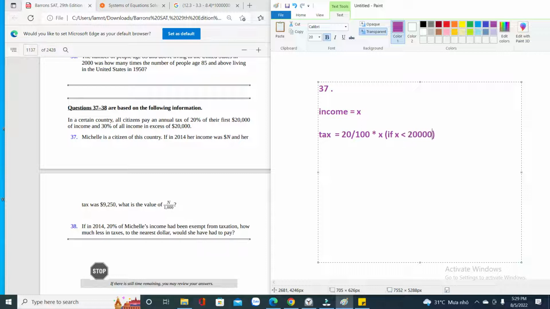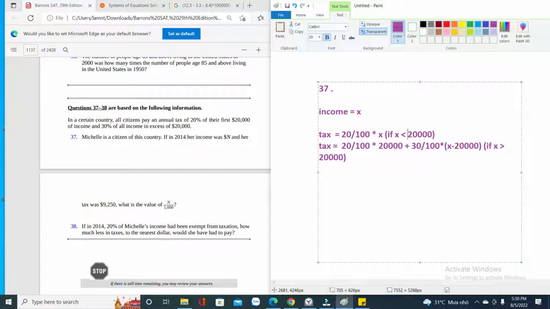And if x is bigger than 20,000, tax is 20% times 20,000, plus x minus 20,000 times 30%, since it's 30% extra.